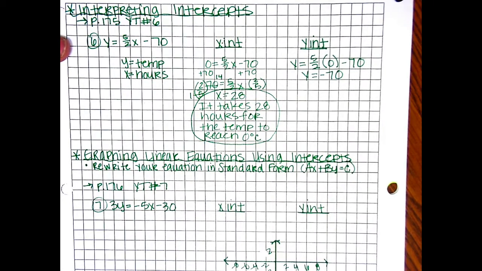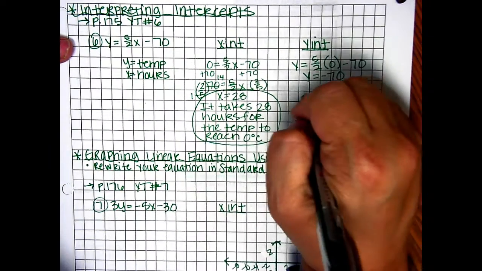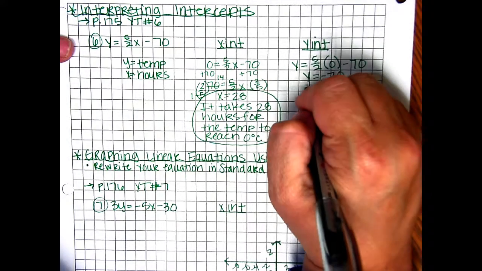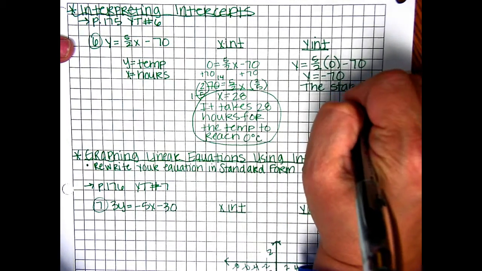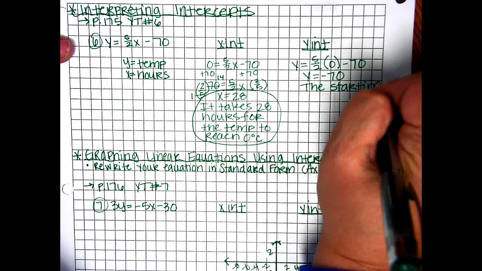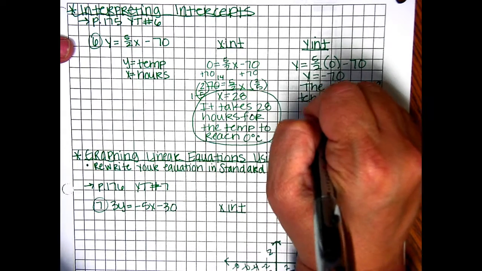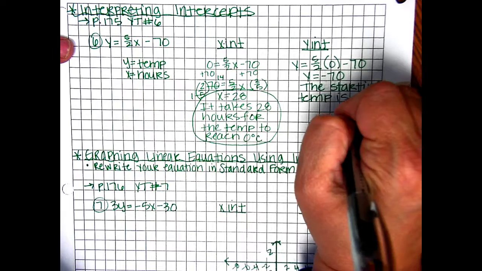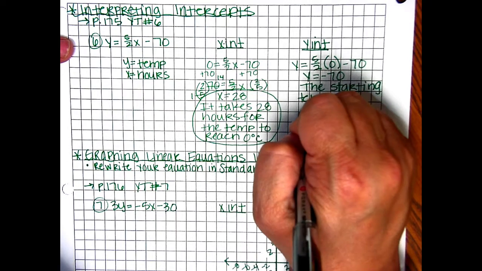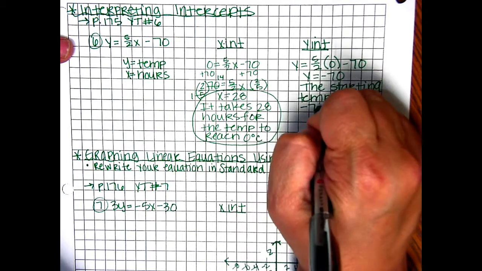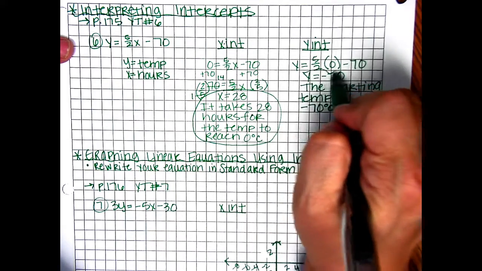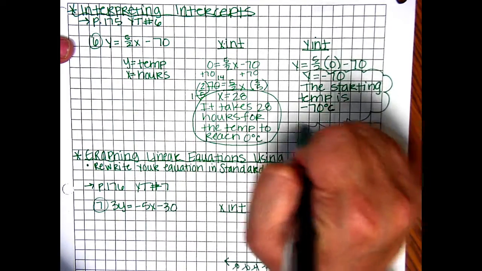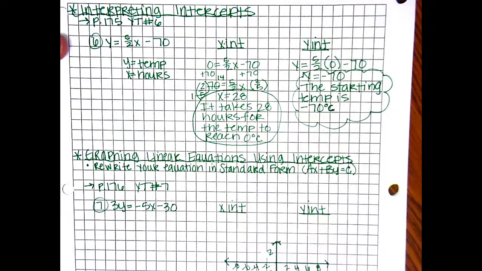So what that means is the starting temperature is negative 70 degrees Celsius. Because the x would have been 0, and that's time. So it's when we started.